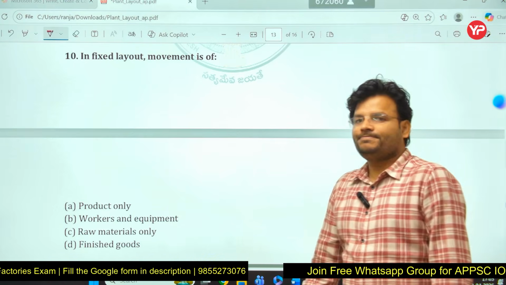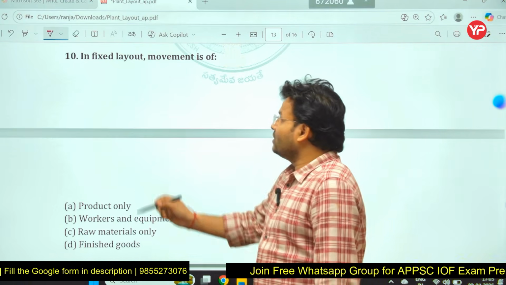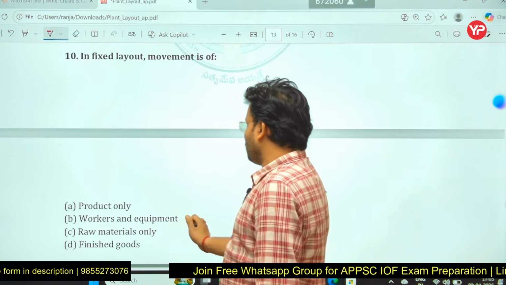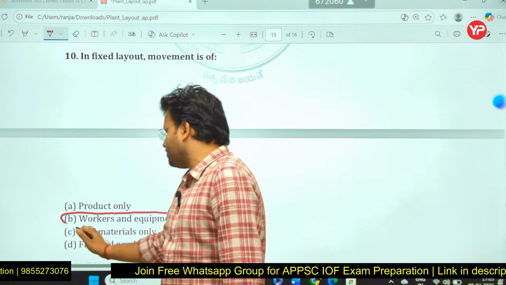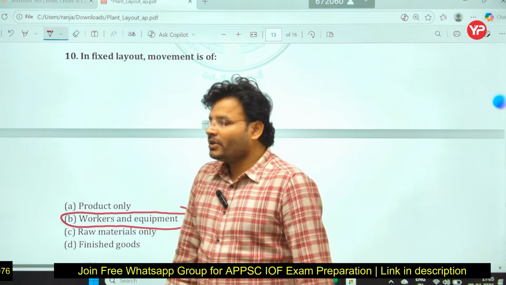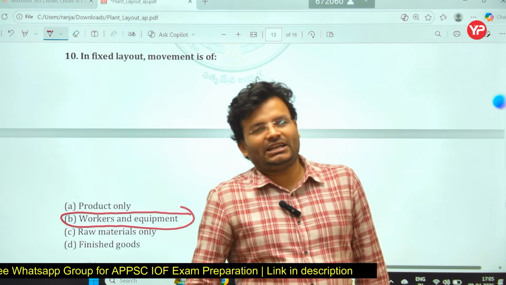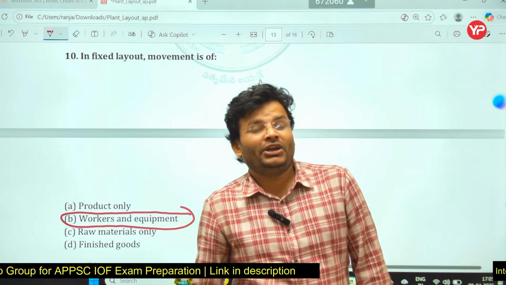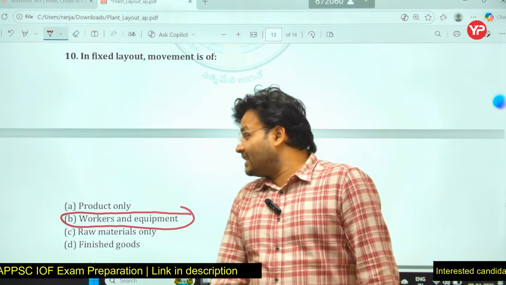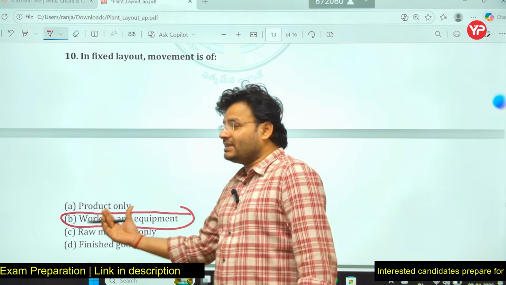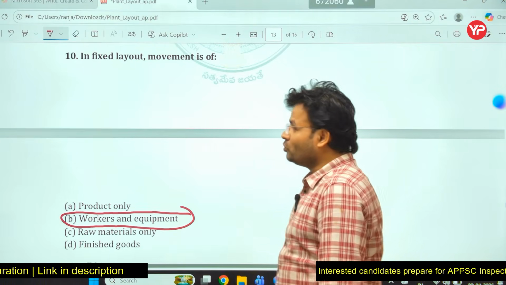What will be the answer? Again you can say, sir, in fixed layout movement is of workers and equipment both. You have to manufacture big structures like bridges, dams, malls, aircraft, ships. In that case both workers and equipment have to move.